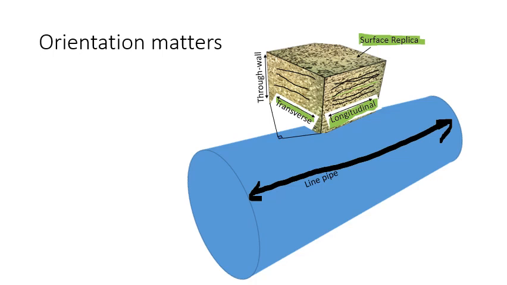So it's going to be important for us to think about and to consider how these directions will be different, because the two common directions for destructive analysis of microstructure, and the two common directions that give the most representative and most information about the microstructure, are longitudinal followed by transverse. But our only option for non-destructive analysis of the line pipe steel is the surface, typically performed by a replica.